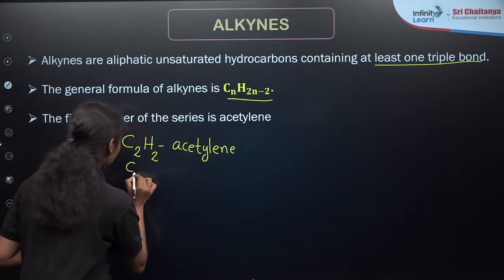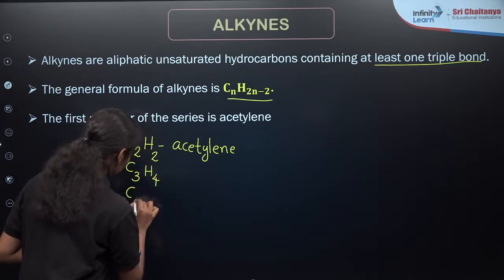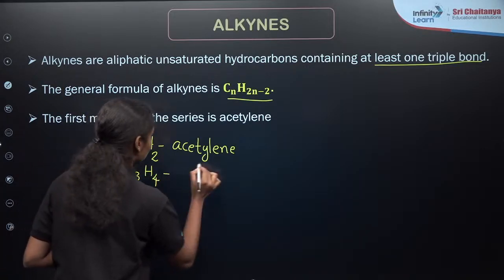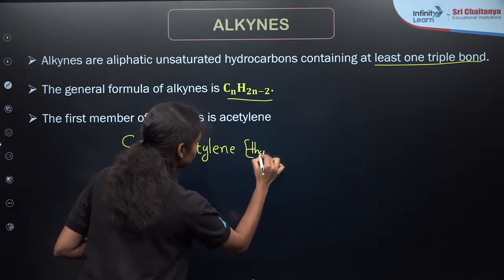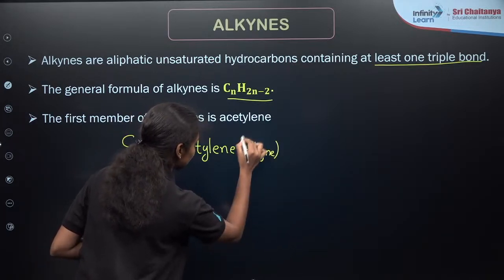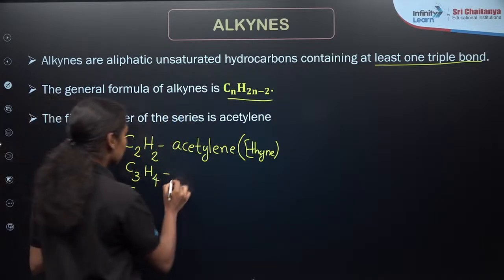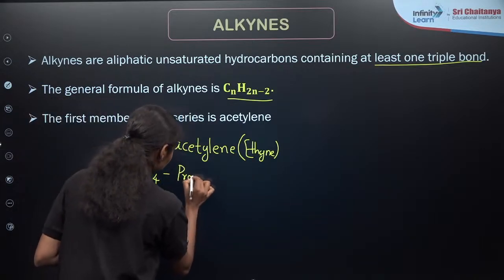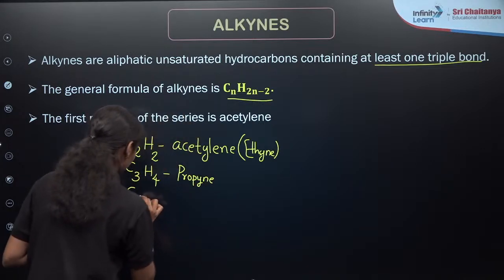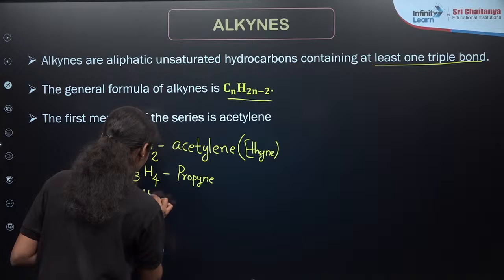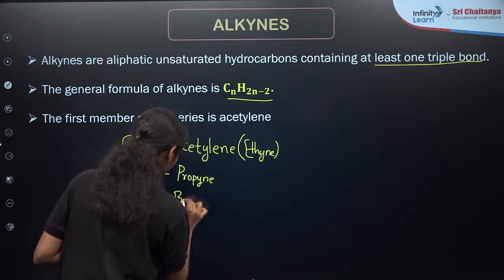It will be C3H4. This acetylene is known as ethyne because it contains 2 carbons. Here it will be propyne because 3 carbons are present. Then the next one is butyne.